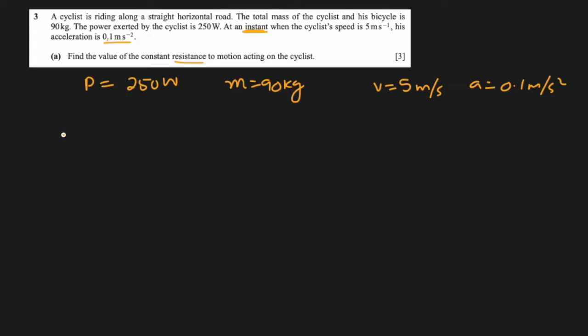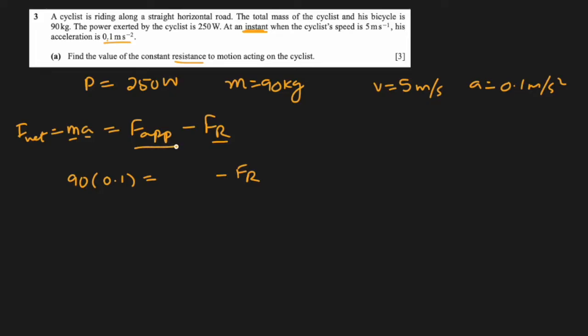So we can say that mass times acceleration, which is the net force on the cyclist, is always the difference of what is being applied minus the resistive force. Acceleration is given, mass is given to us, so we'll write 90 times 0.1 is equal to applied force minus Fr, since they're asking for the resistance.